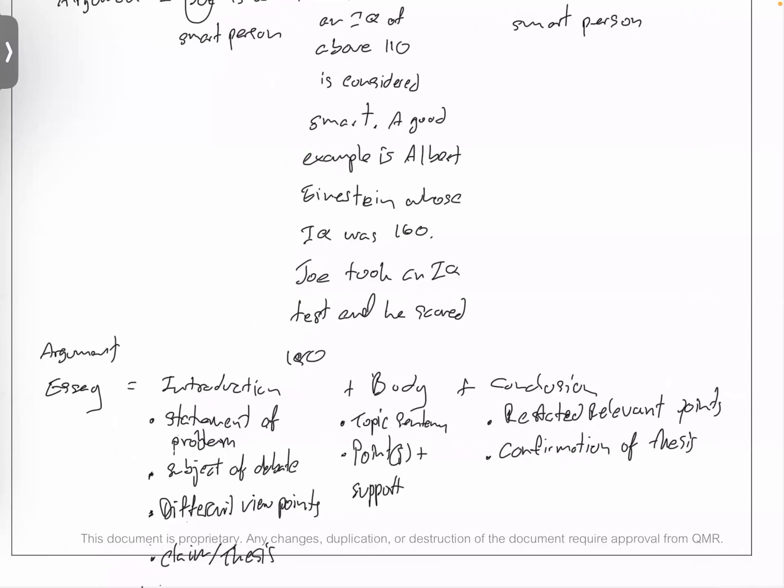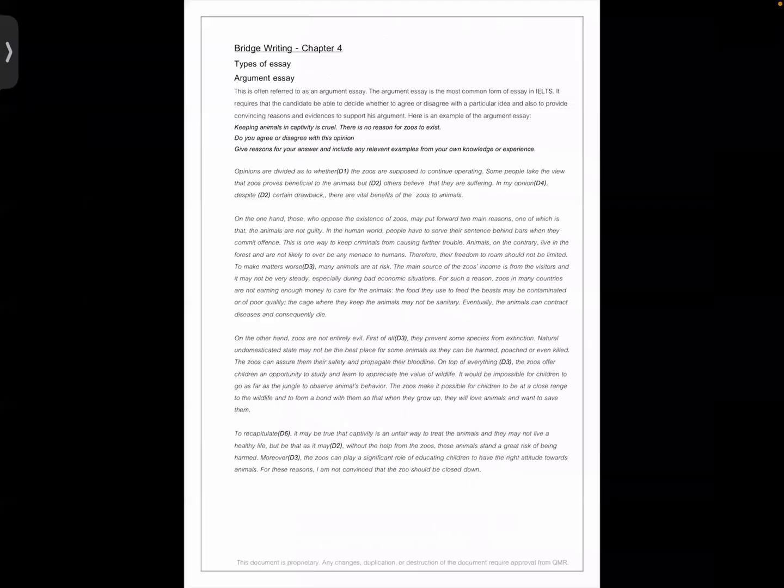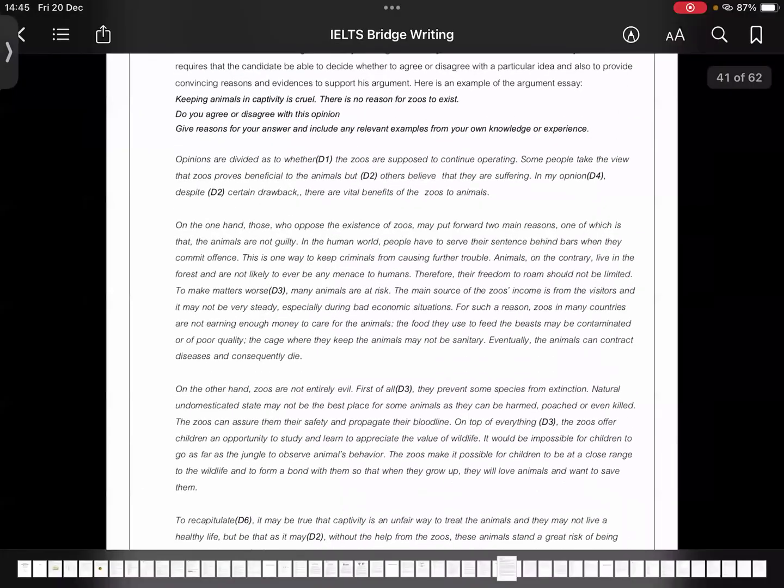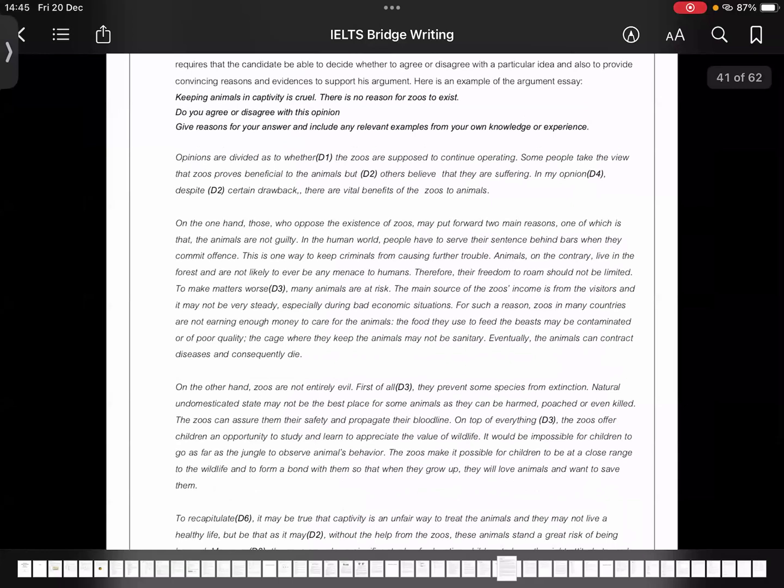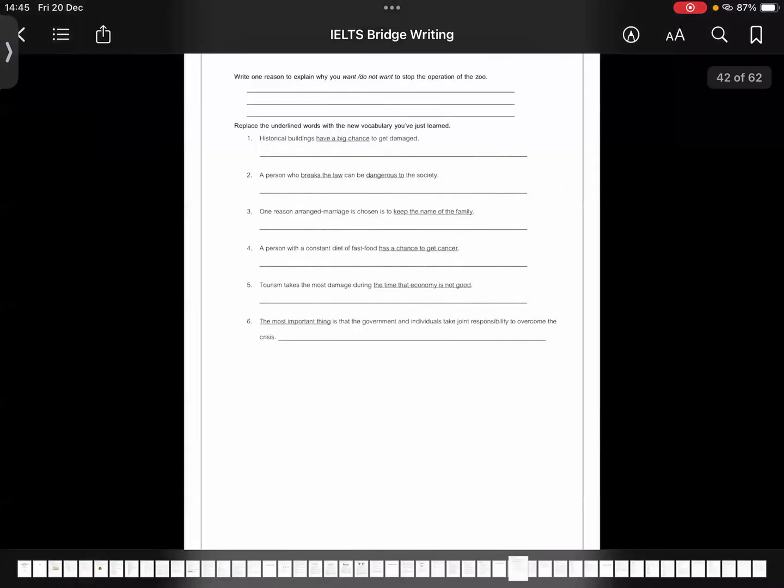You only need statement of problem when you see one. Okay, if you don't see a real problem, then you can just jump right to subject of debate. Okay, all right. So let's take a short break, and then we will come back and talk more about some exercise on the next page.